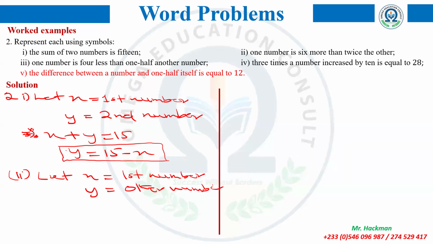Is my point well made? Yes, please. Okay, so if that is the case, we are saying that one number is 6 more than twice the other number. So here, my first number, if I say that it is 6 more than twice the other number, how am I going to write it?